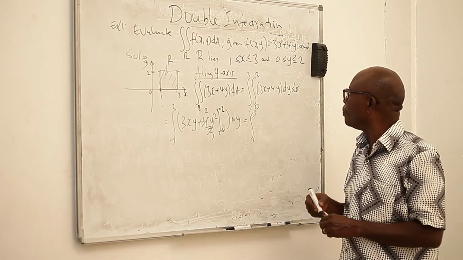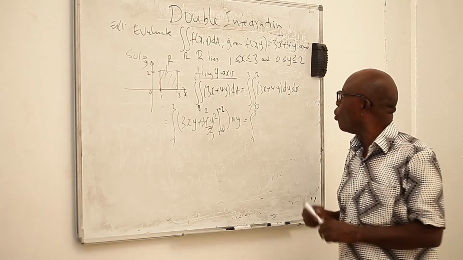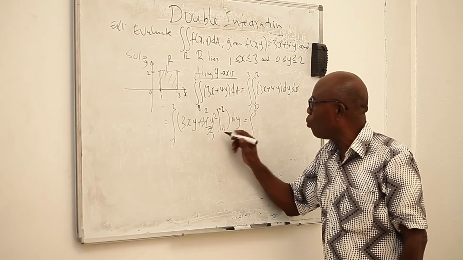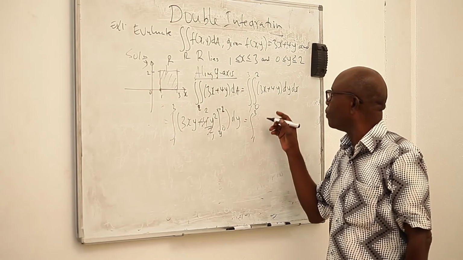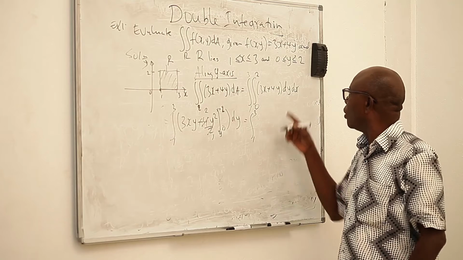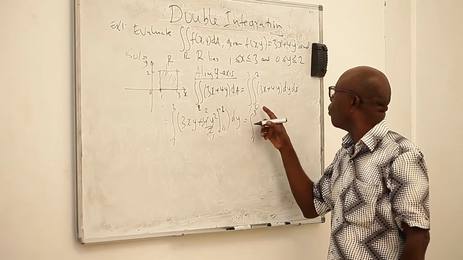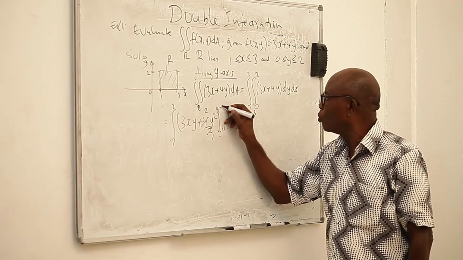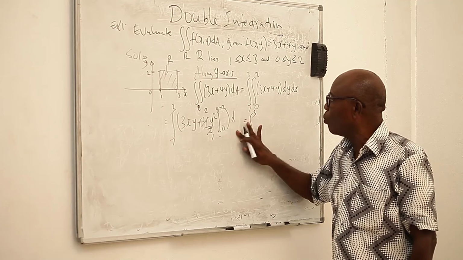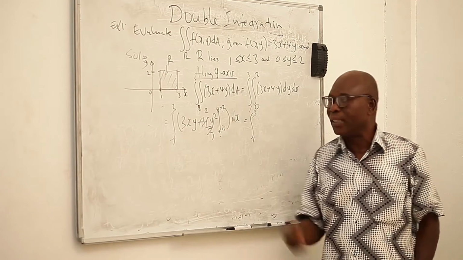We are integrating with respect to y, and so our limit is y equal to 0 and then y equal to 2. And when we finish, we do the integration with respect to x.